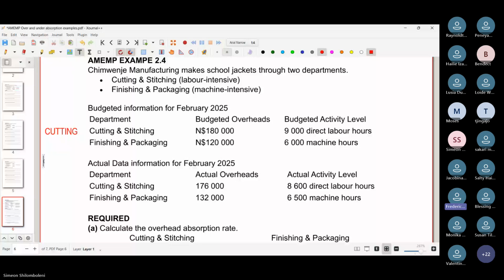So I got both under absorption. Same here. Yes, we are both under.